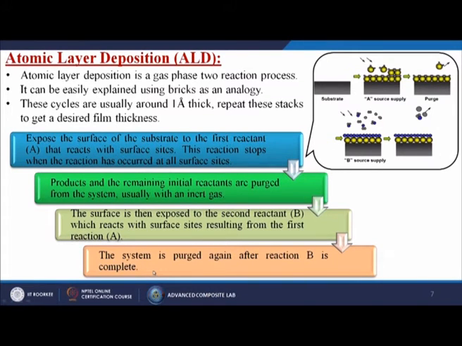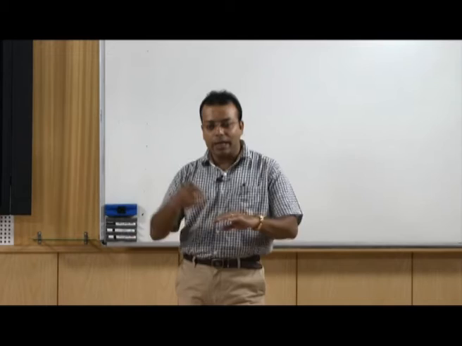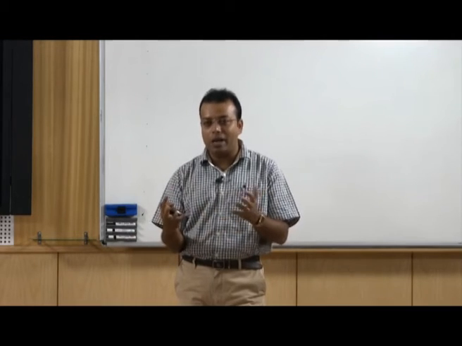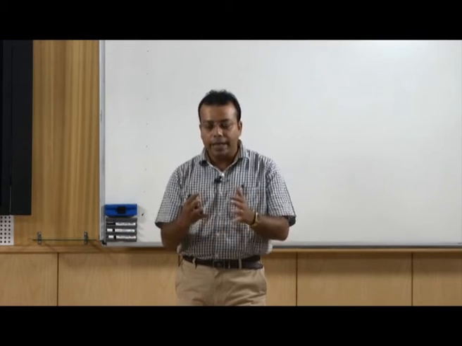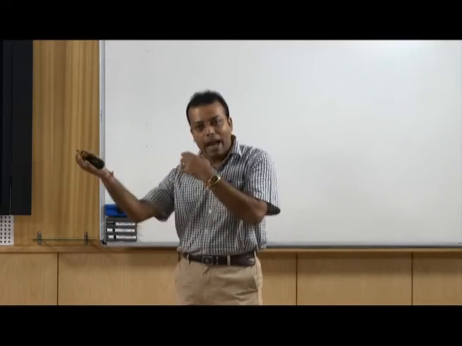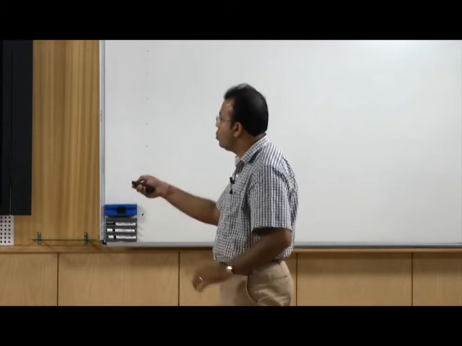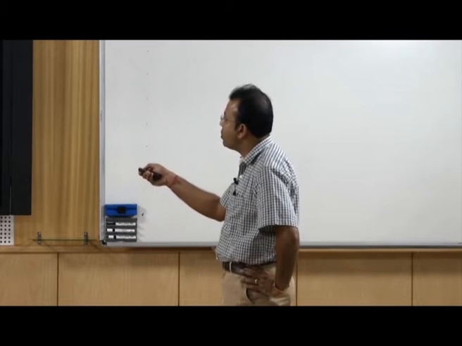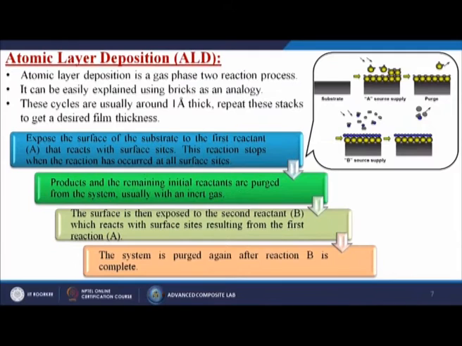So, on top of A I put a certain material, like a binder or some surfactant, then I put the whole material into some B reactive gases, which react with the A material properly, and then again we purge, so that whatever impurities and gases are there come out directly. By this way we can do layer by layer deposition on the substrate.